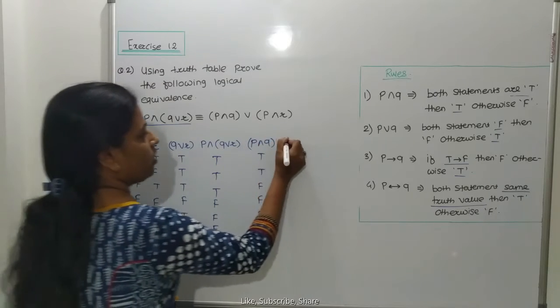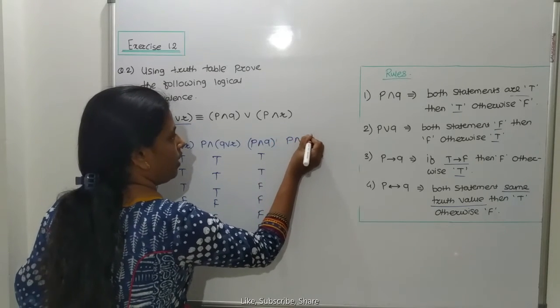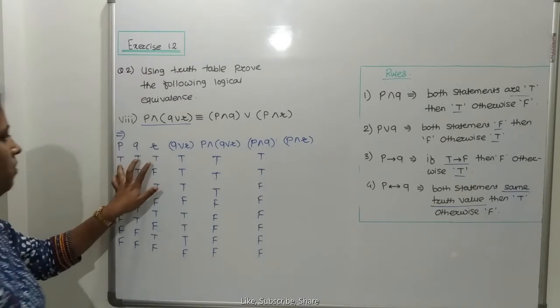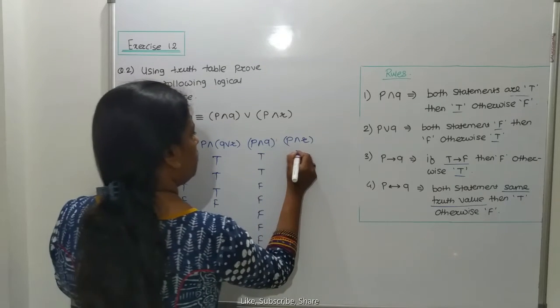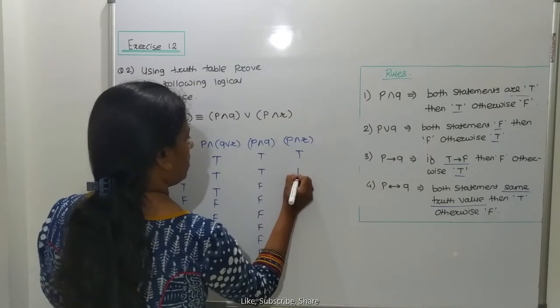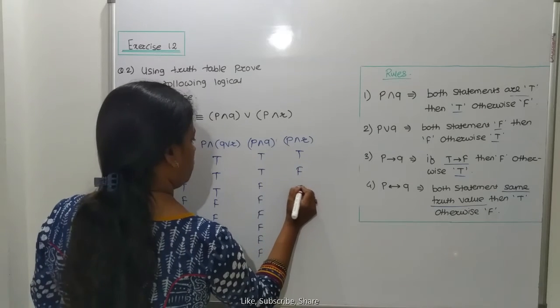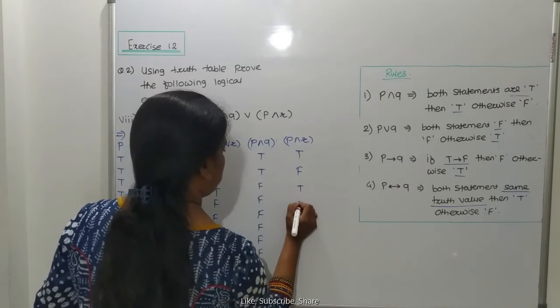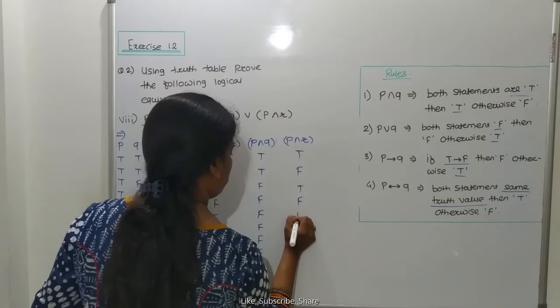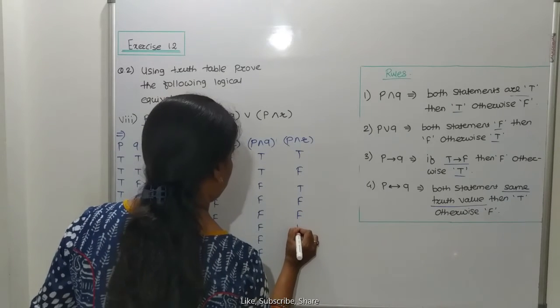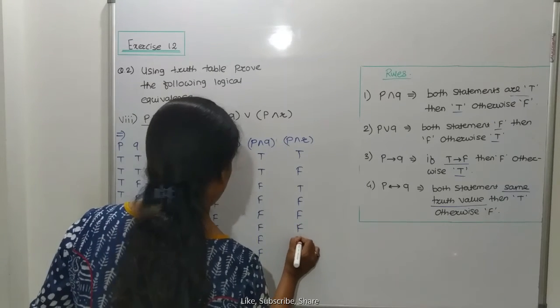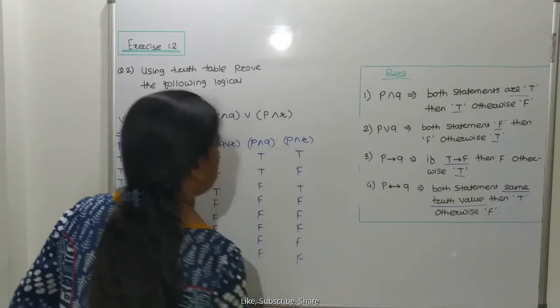Okay. Now next, P and R. We have to perform AND operation with these two. True, false, true, false, true, false, true, false, and false.